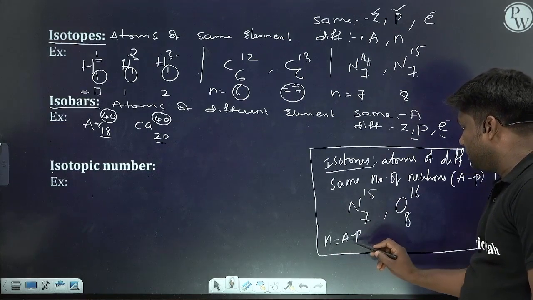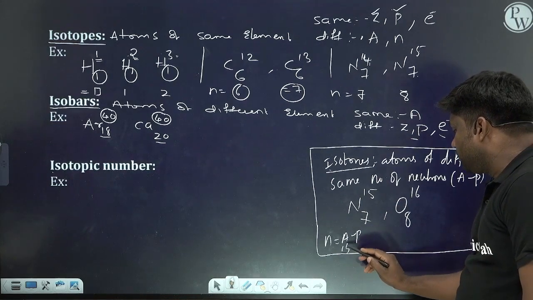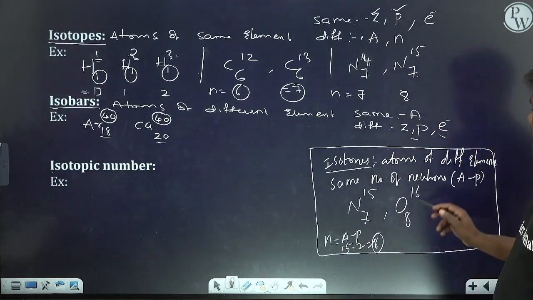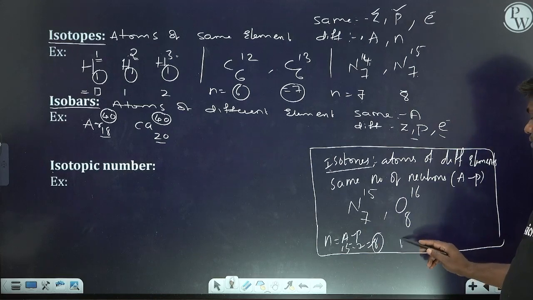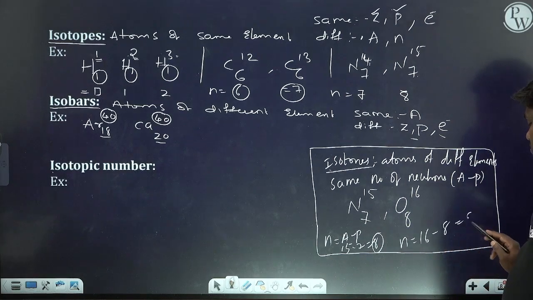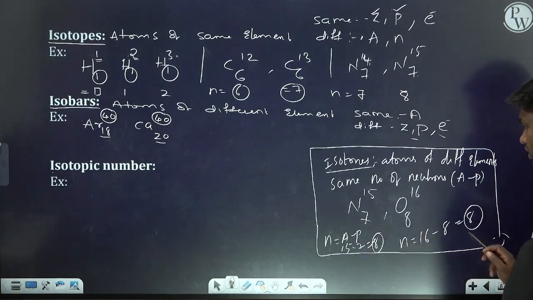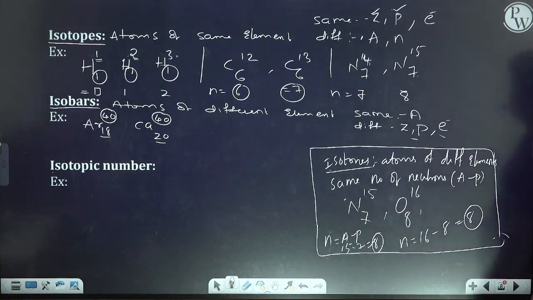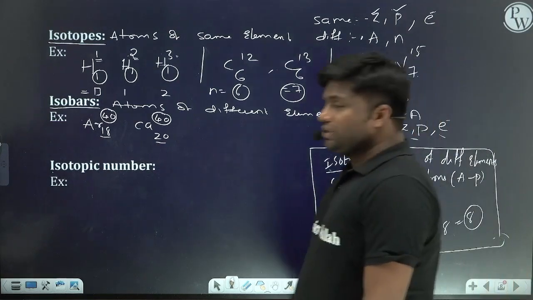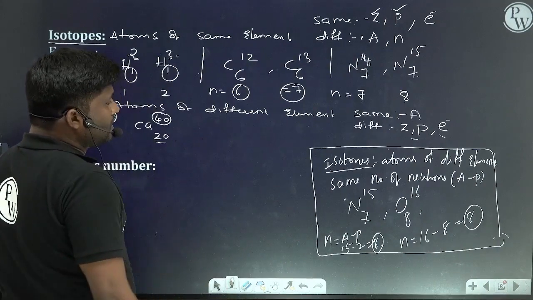Mass number 15, number of protons 7. So 15 minus 7 is equal to 8. And this one, number of neutrons is equal to mass number 16 minus 8, which is equal to 8. Here number of neutrons are same in these two. Now nitrogen and oxygen are isotones. Isotones means number of neutrons will be same.